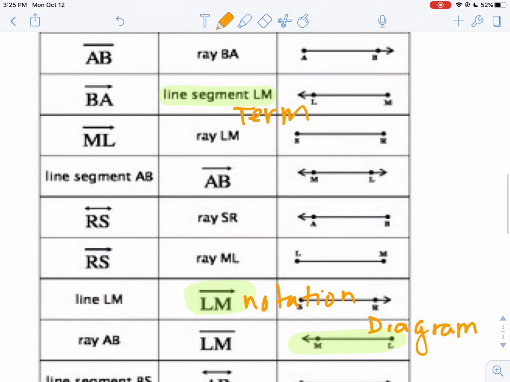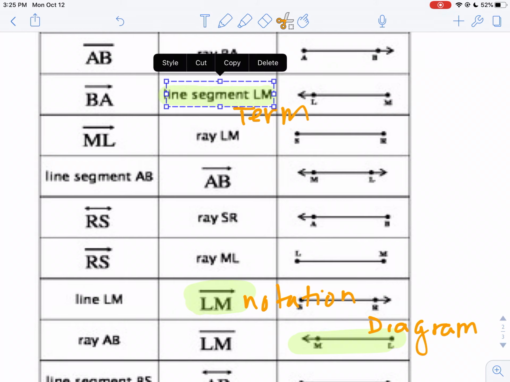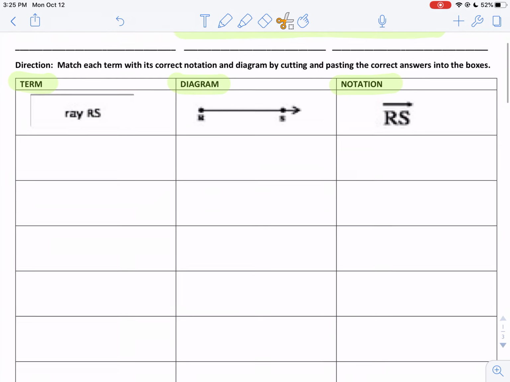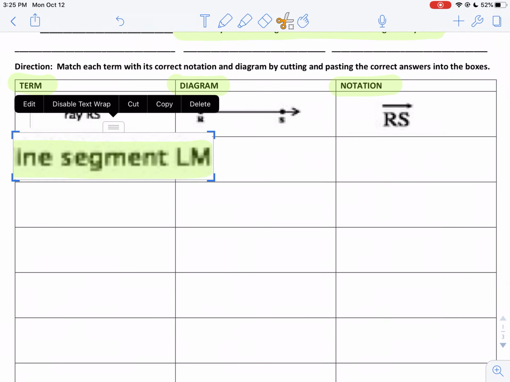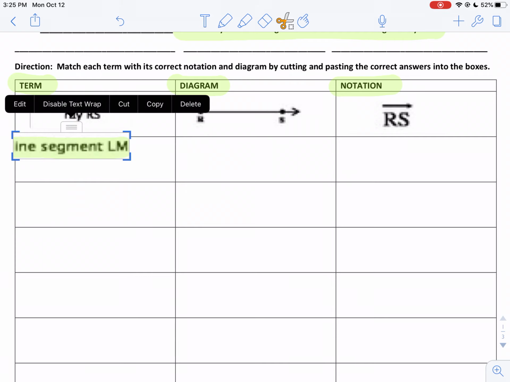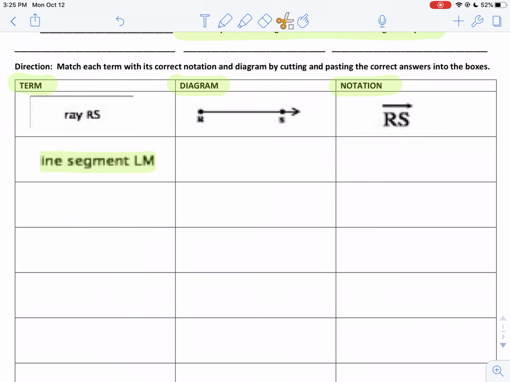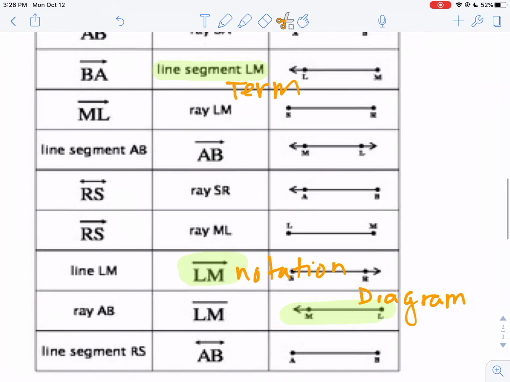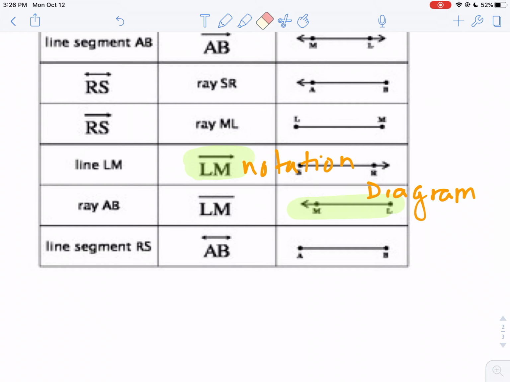So I'm gonna go to my pair of scissors. I am going to go ahead and cut this, and I'm just gonna copy it and put it up here, and paste, resize it to make it fit nicely. So that's my vocabulary word, that's my term, and then I'm gonna go and cut my diagram that I have already identified. I'm gonna maybe erase this here.